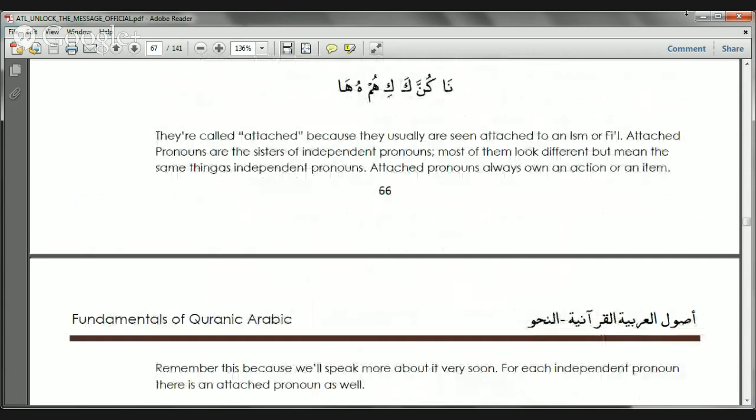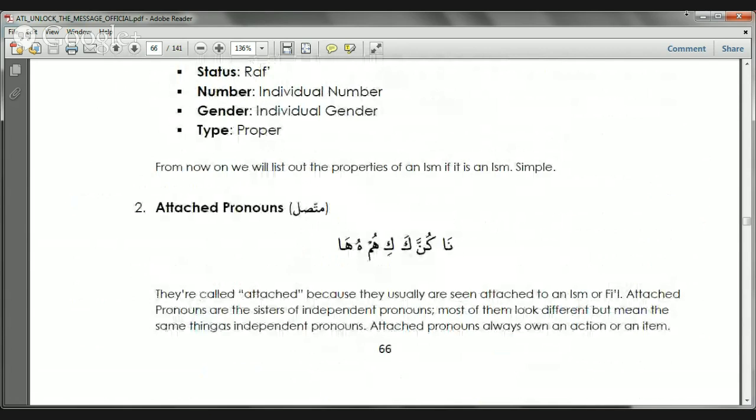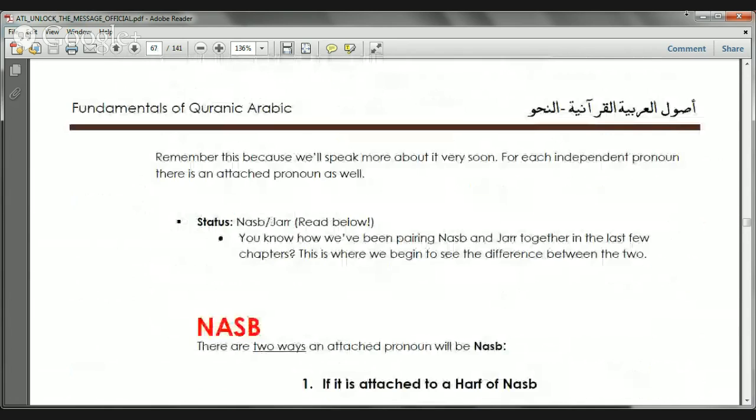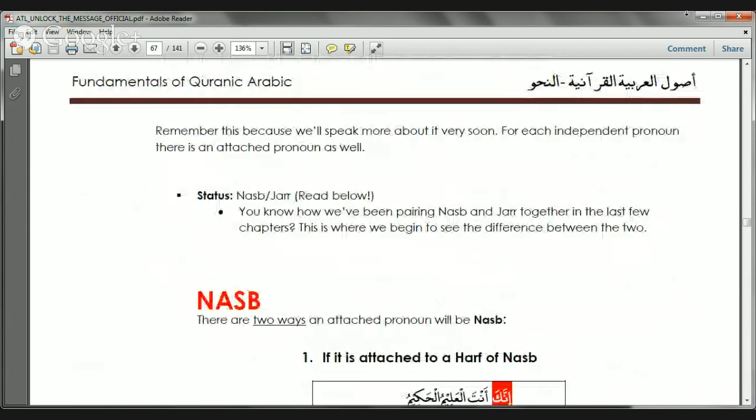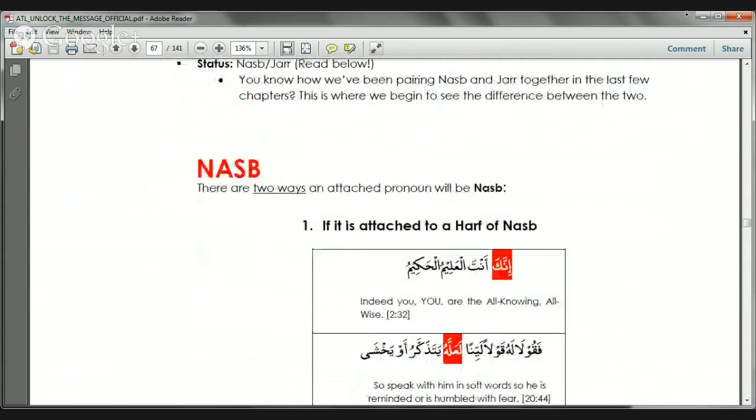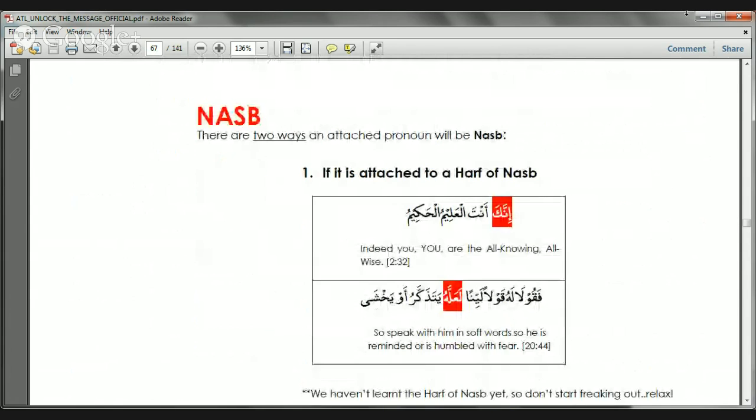Going back up. Status of an attached pronoun. What are we studying? Attached pronoun. And we said that an attached pronoun is nasab or jar. And now we're learning how nasab and jar will be split apart and how they will not be treated as the same thing. And we mentioned what? The first way is if it is attached to a.